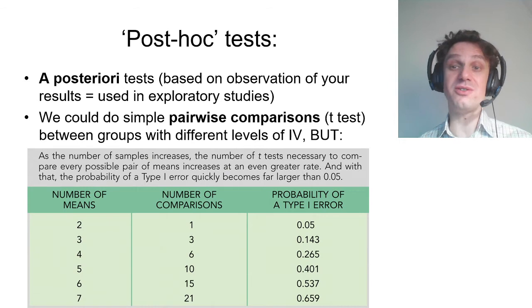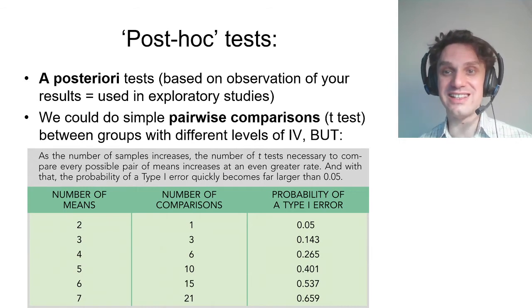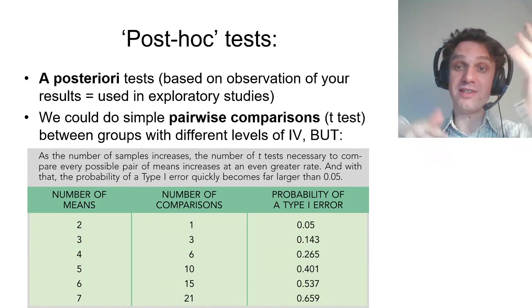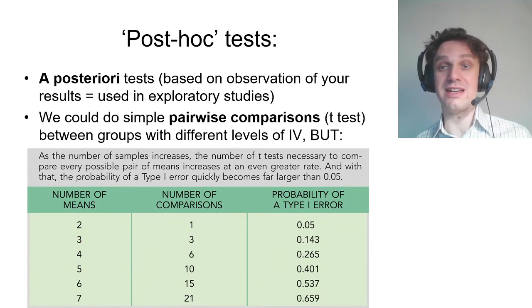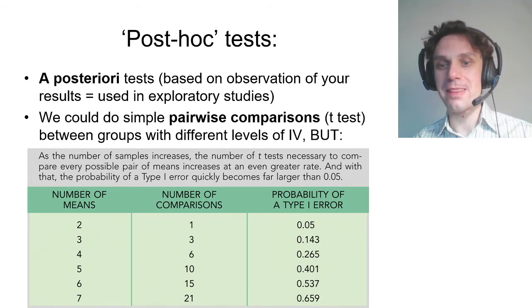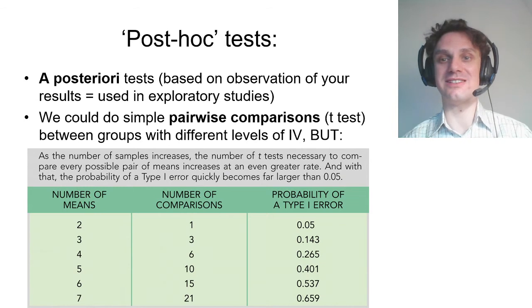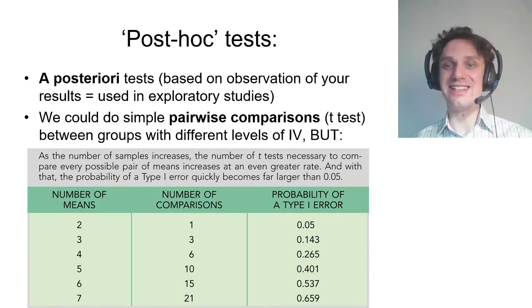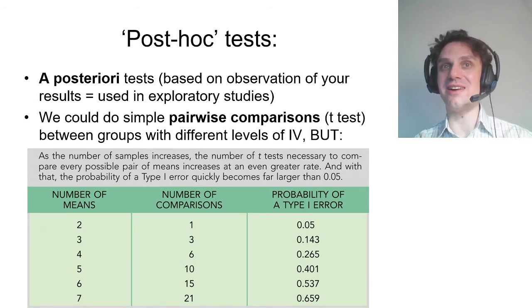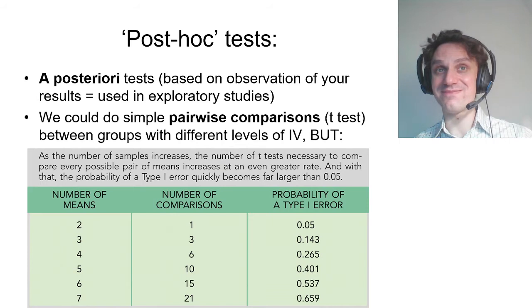And of course, you could use a simple student t-test. Just compare each group with each other group and get your results. However, the problem that you have here is that when you have many groups that are being compared, your chances of committing a type 1 error increase.